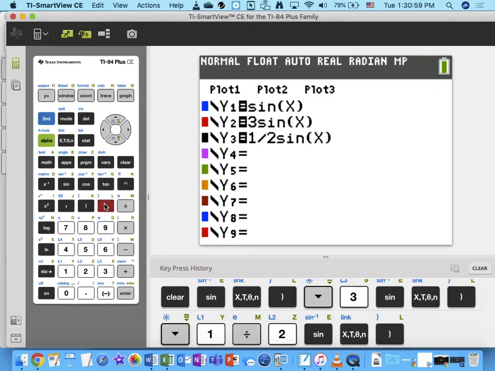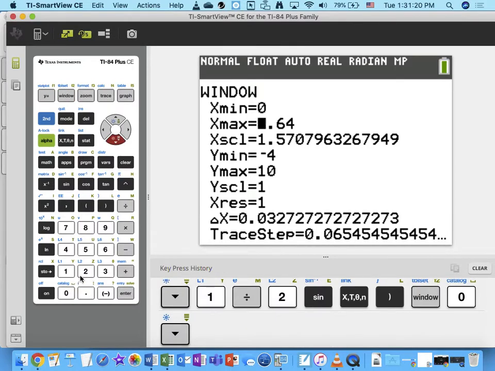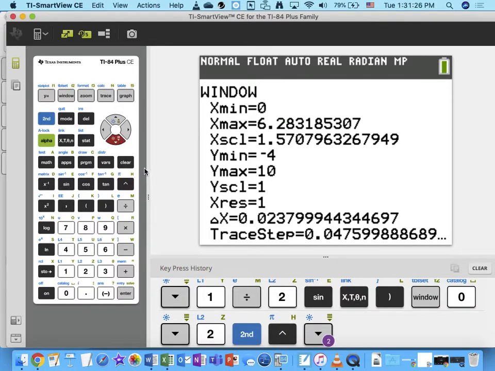Just because I have that drawing in my notes already, I'm going to make my window settings similar to what I had there. What I had there was 0 to 2 pi along the x-axis, so my x-min was 0 and my x-max was 2 pi. And maybe I'll keep the y-min at -4 and the y-max at 4.